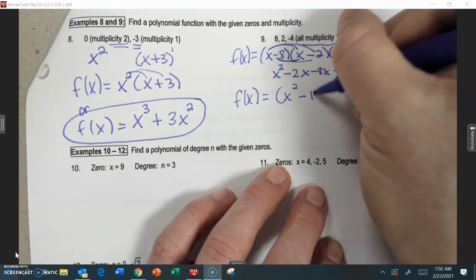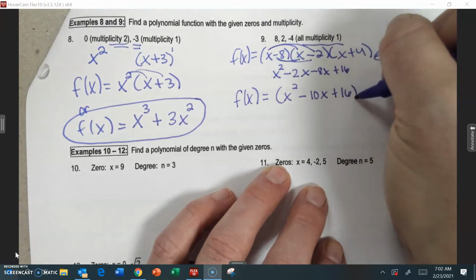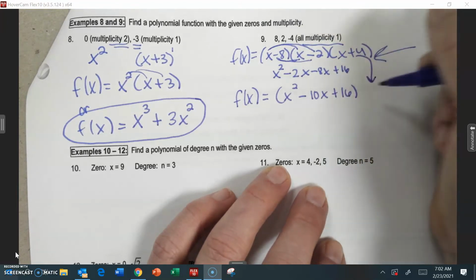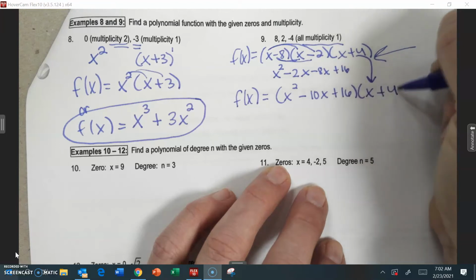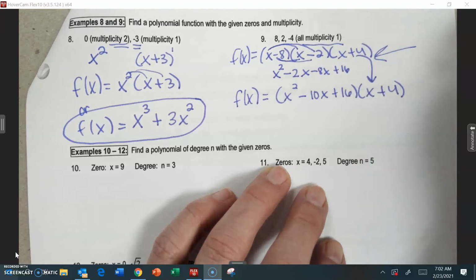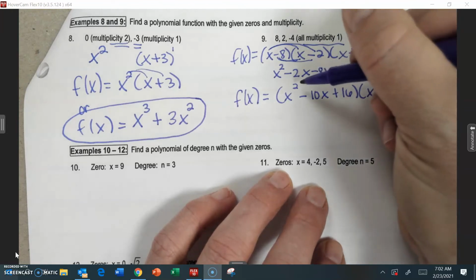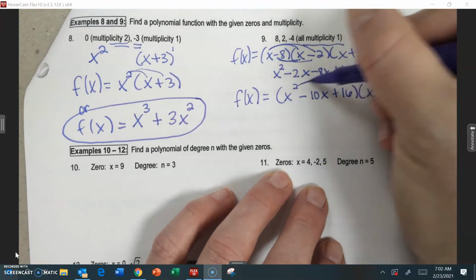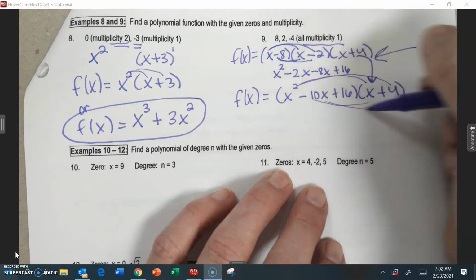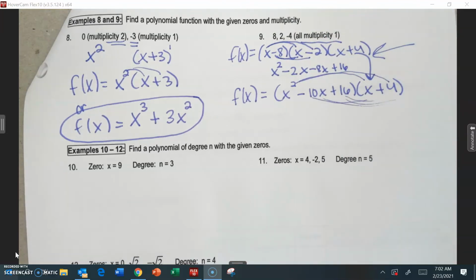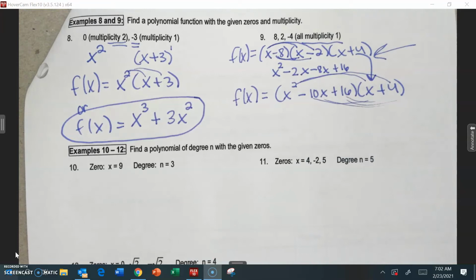So when I combine like terms, I get this. Now you're going to need to multiply that by x plus 4. I'm not going to do this for you because this is major junior high Algebra 1 review, but now you're going to distribute so that you can get it in standard form, okay?